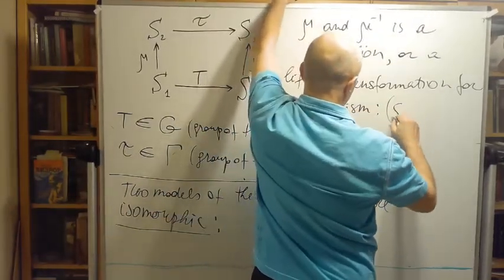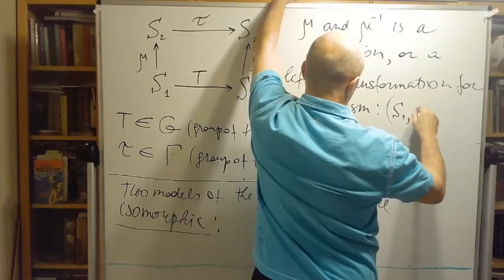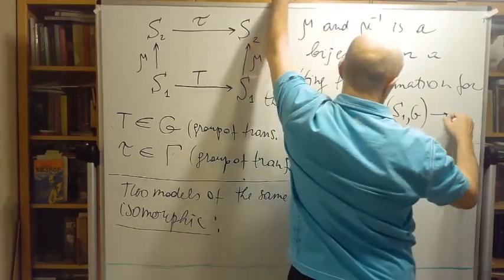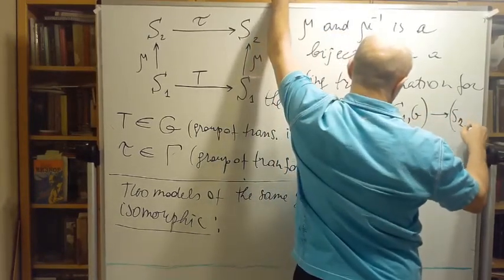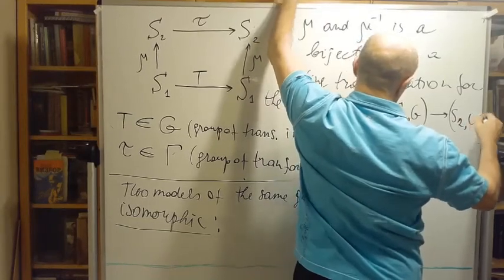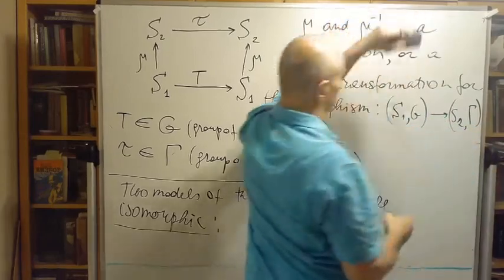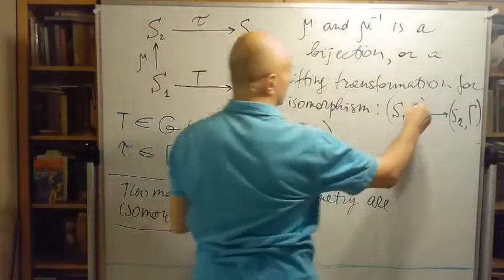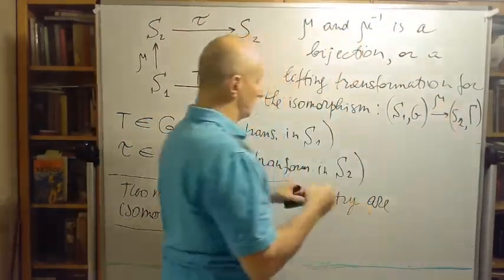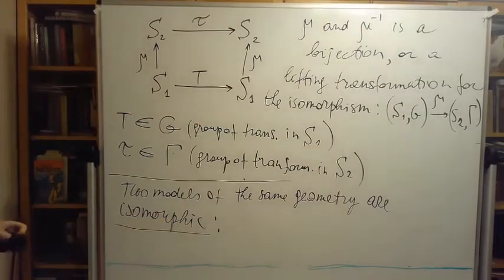Which isomorphism? From geometry S1, G into geometry S2, gamma. Yeah, that's isomorphism mu, and it can be inverted, of course.